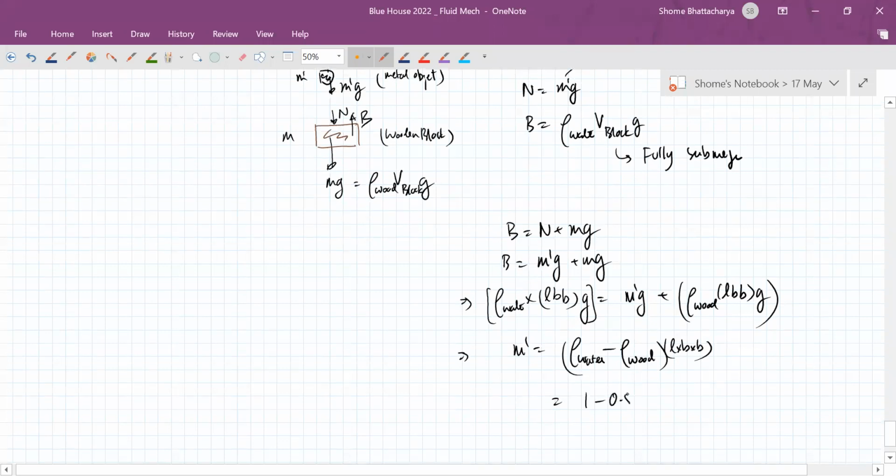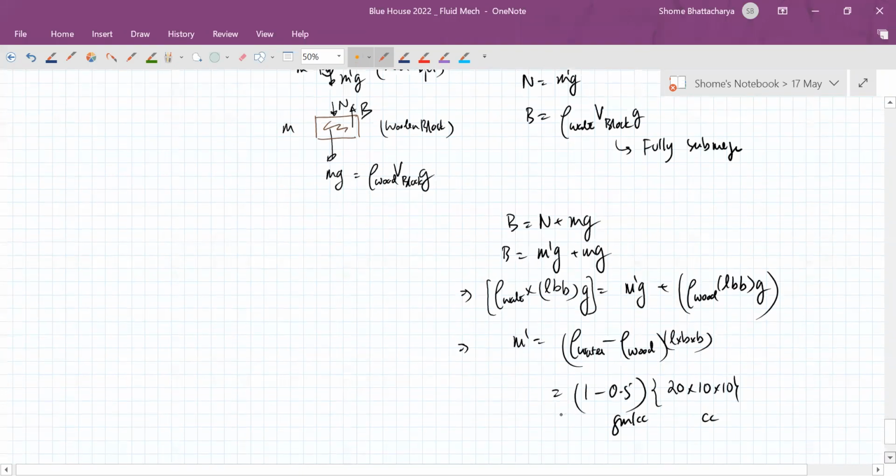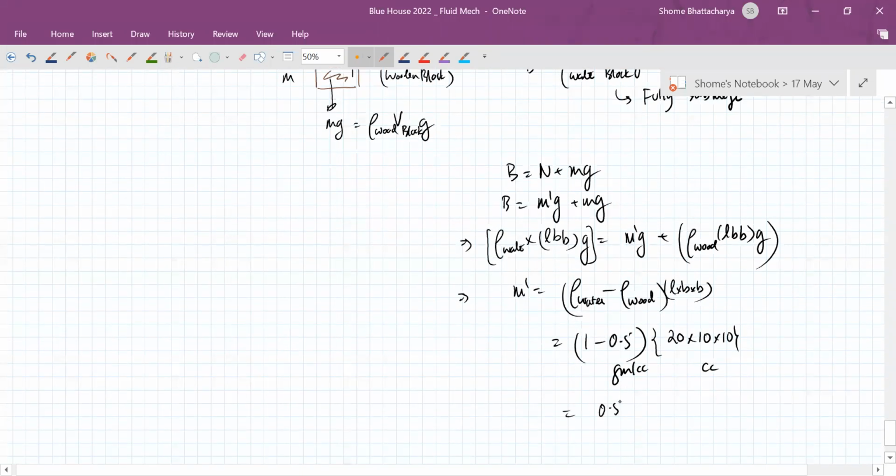So 1 minus 0.5 in gram per cc into 20 into 10 into 10 in cc. So the mass of the metallic object must have been 1 kilogram.